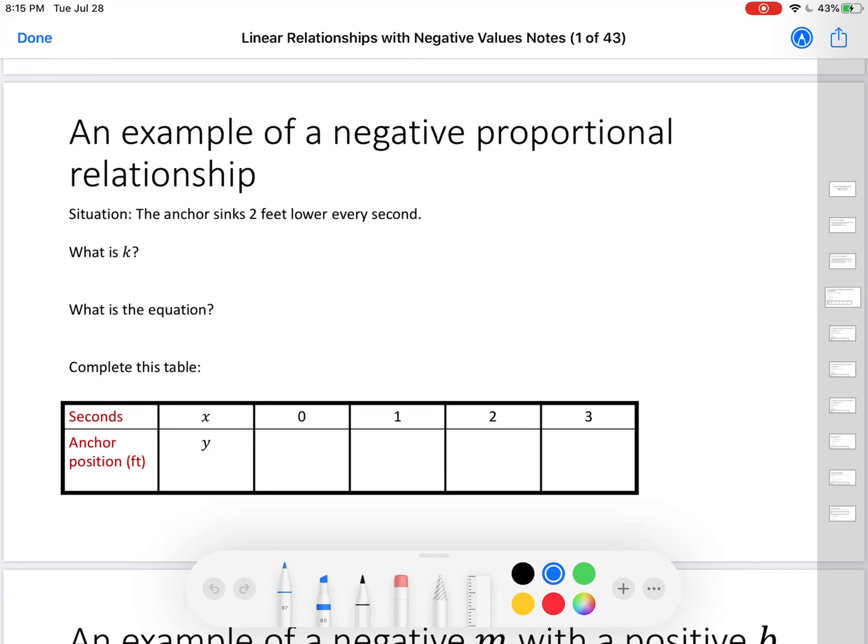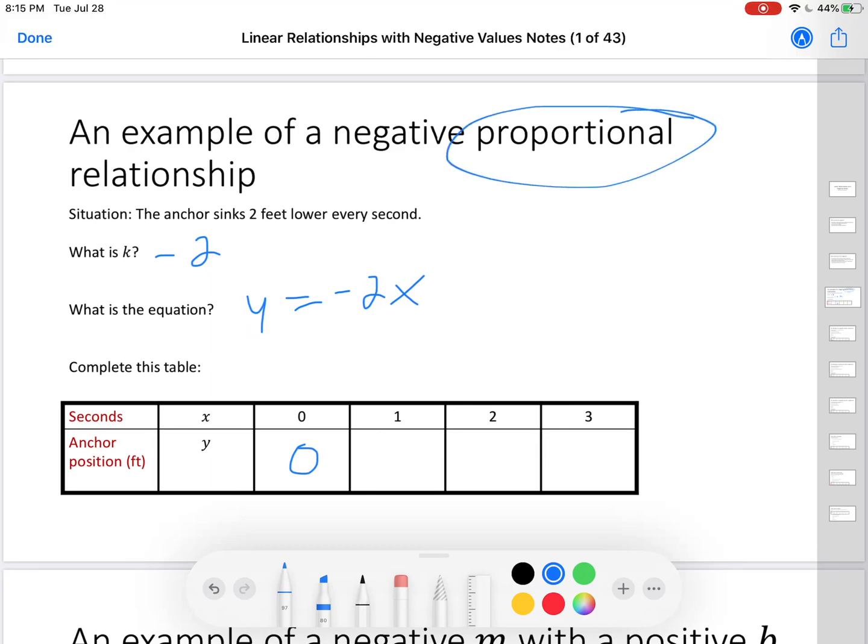Okay. So here is an example of a negative proportional relationship. So this is proportional, so it doesn't have a start amount, or the start amount is 0. The anchor is sinking 2 feet lower every second. So K is -2. And the equation would be y equals -2x. So now we'll complete the table. 0 starts at 0 because this is proportional.